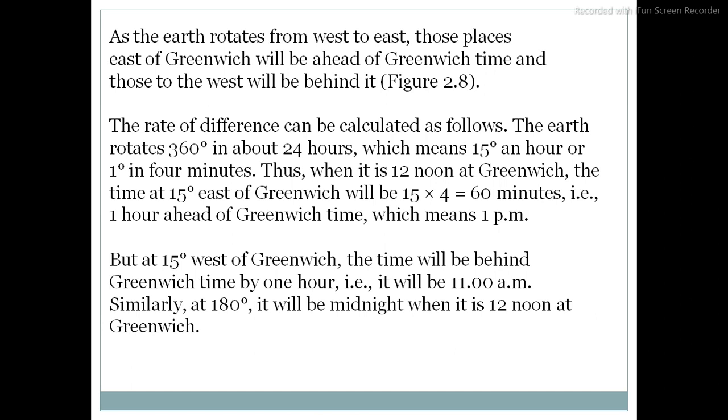So we conclude here that when it is 12 noon at Greenwich, the time at 15 degrees east of Greenwich, 15 multiplied by 4 equals 60 minutes, will be 1 hour ahead of Greenwich time, that is 1 p.m. But at 15 degrees west of Greenwich, the time will be 1 hour behind Greenwich time, that is 11 a.m.